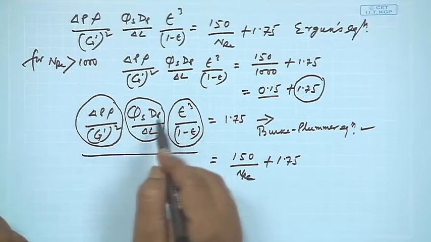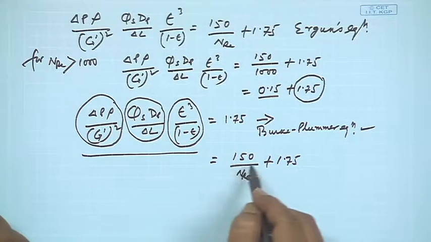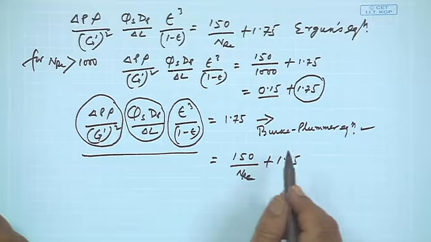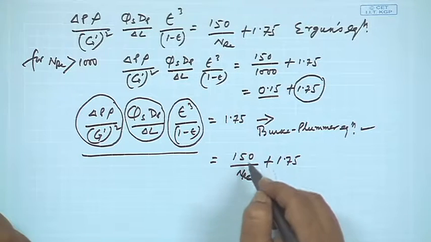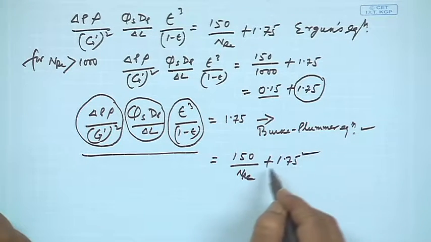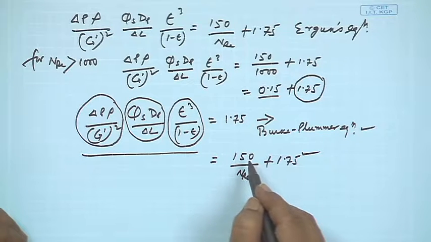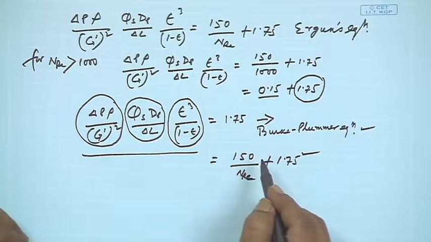These three terms were connected with 150 by NRE plus 1.75 as Ergun's equation. When we neglected the second term, we came to the first, that is laminar, and when we neglected the first term, we came back to turbulent. When it was in between, Ergun's equation can also be used, using both terms.